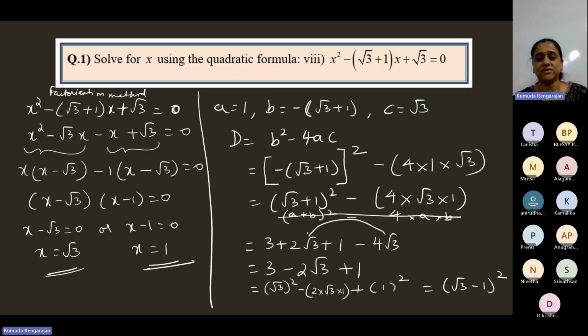In the steps, you can directly write a minus b the whole square. Root 3 minus 1 the whole square, directly you would have got. Yes or no? Next step you would have written root 3 minus 1 the whole square, without having to go through all these steps.